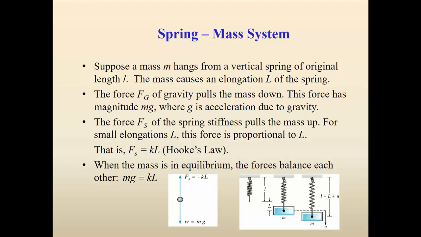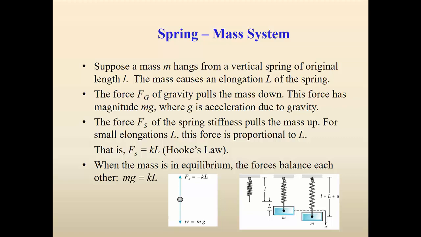So, the spring-mass system. Let's say we have a spring. This spring has a mass m, which hangs from a spring which originally had a length L. However, when I put the mass on it, it's going to naturally stretch the spring according to Hooke's law.